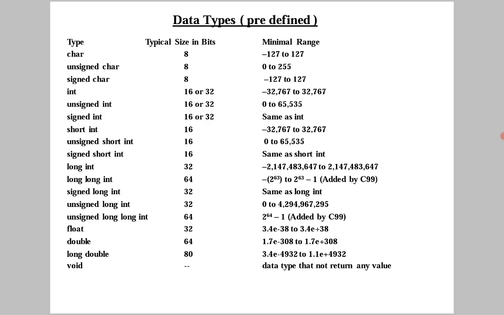Data types can be signed or unsigned, long or short, floating or double. We have already discussed all these elaborately in previous classes, so in today's class we review and revise them once again.